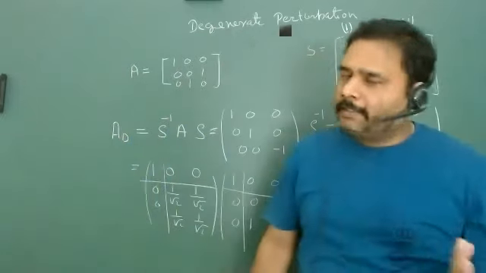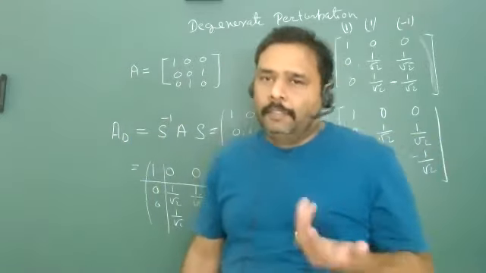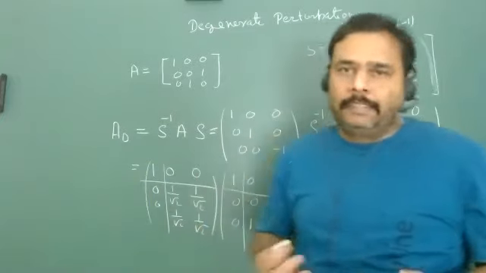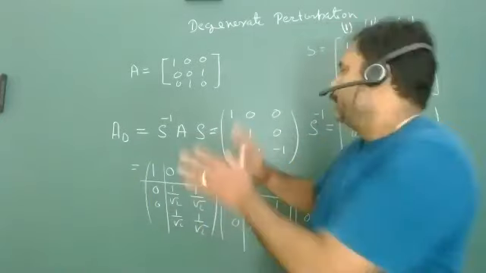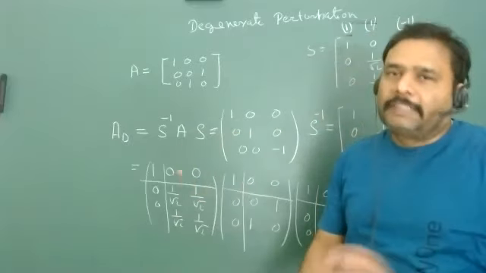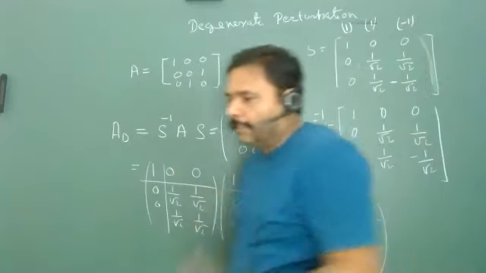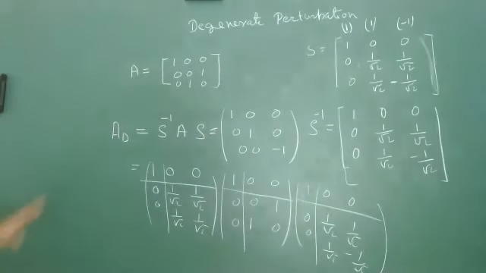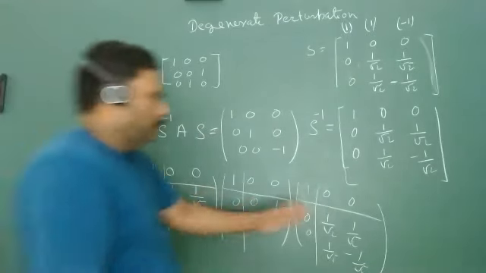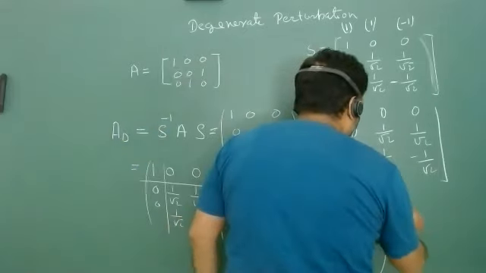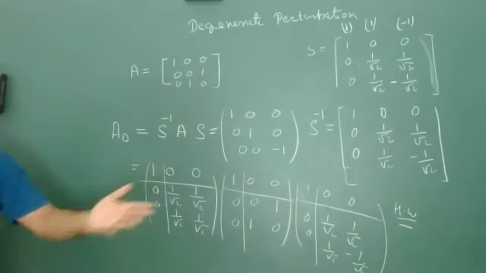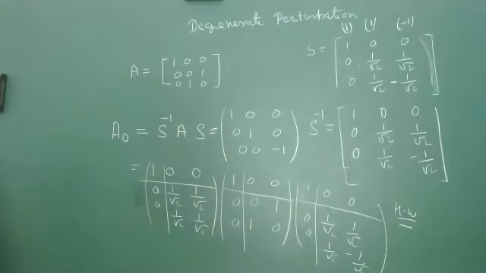You have to practice one or two problems yourself and make yourself confident so that you can directly use this concept to solve degenerate perturbation theory. If you have any doubt, you can ask me. I will leave this to you so that you can go for it. I think you have done this in mathematical physics also, isn't it?